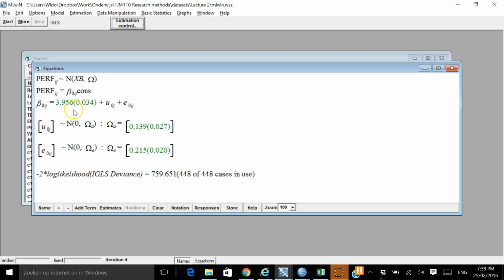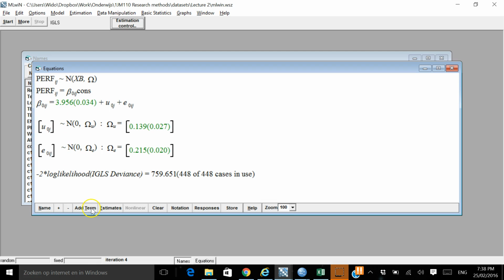Yep. So we first came to the conclusion that we need to perform multi-level analysis when analyzing performance, which is an individual level outcome. And just to be sure, multi-level regression analysis is always focused on an outcome on the lowest level.